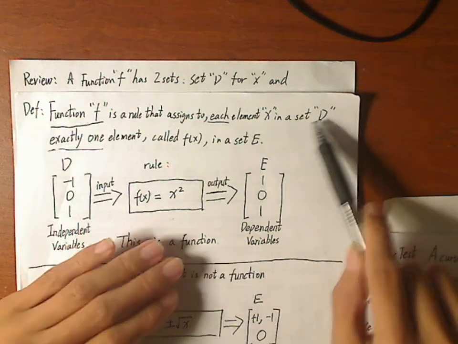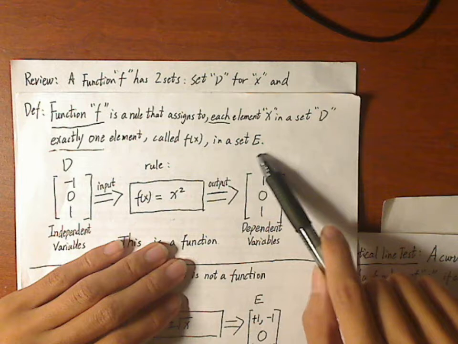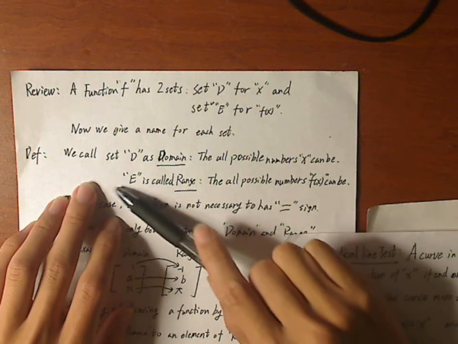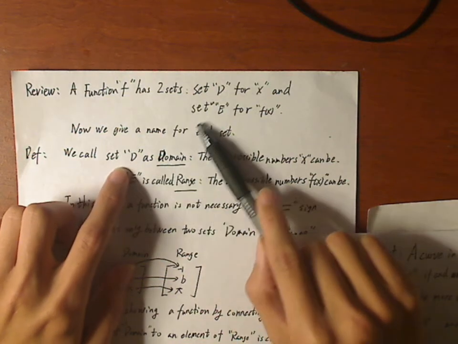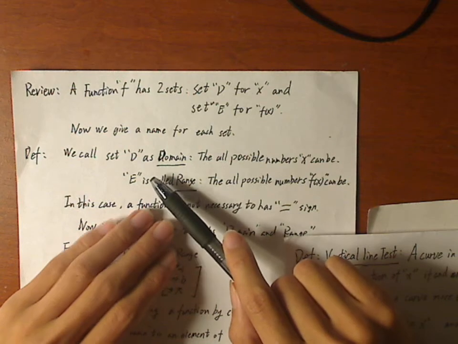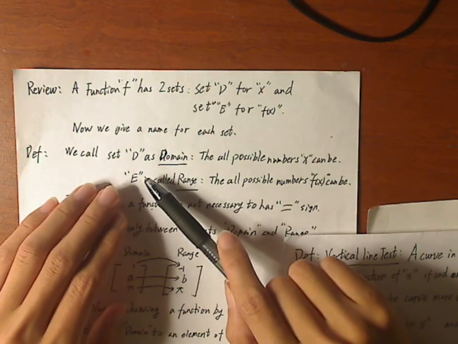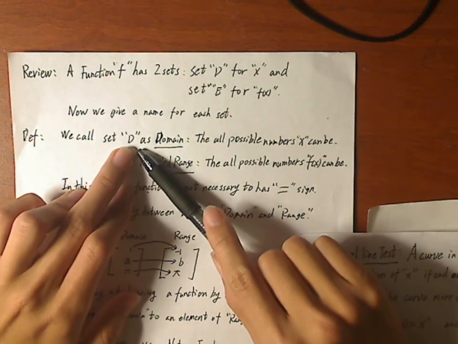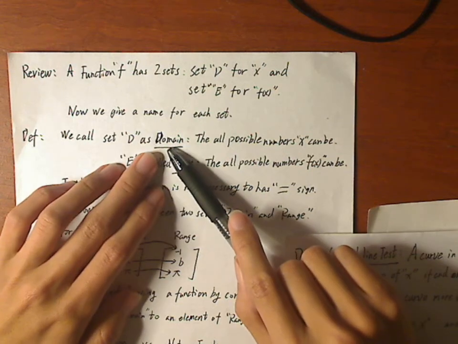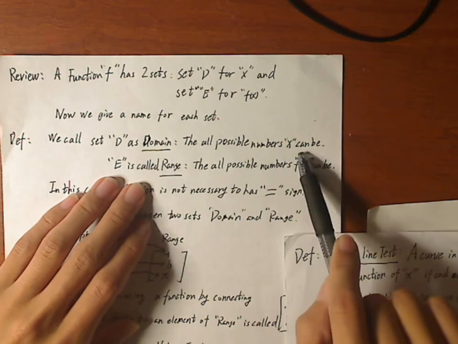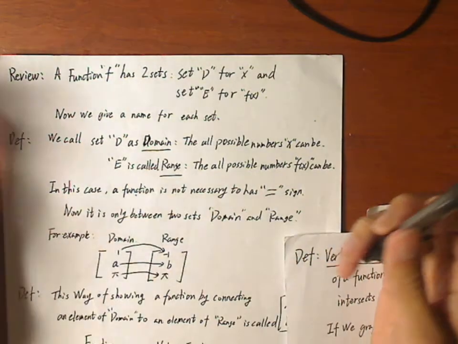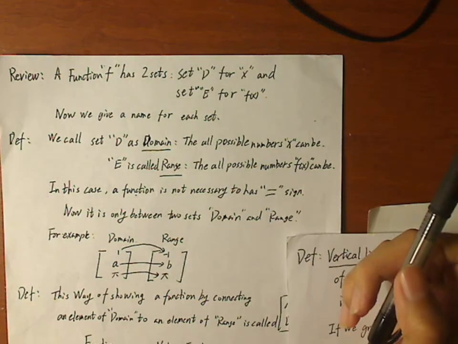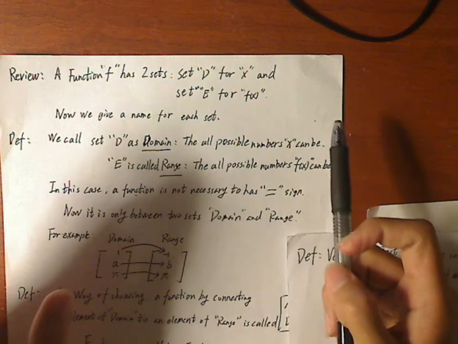The x is in set D and the f(x) is in set E. Now we give a name to each of those two sets. For this set D, we call it the domain, which is all the possible numbers that x can be: positive numbers, decimals, negative numbers, even variables, not just numbers, because I'll show you a case.